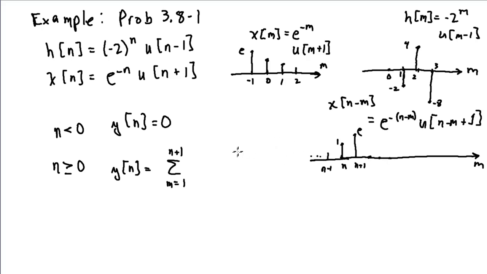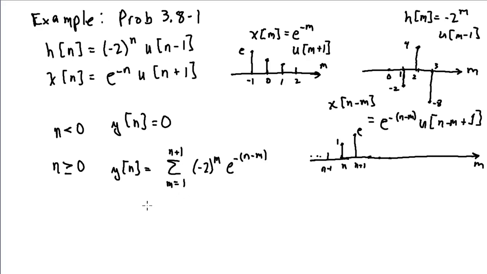And then in here, I'll have the product of these two. I'll have minus 2 to the m, and I'll have e to the minus n minus m. I'm going to leave out the unit steps because they were actually used to determine the limits on this summation.